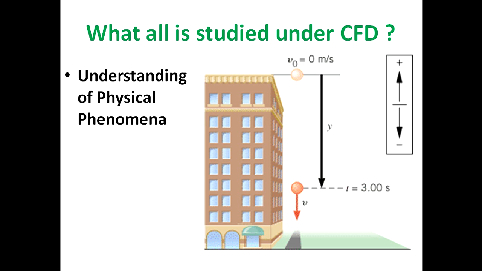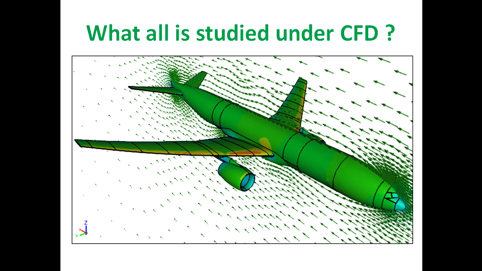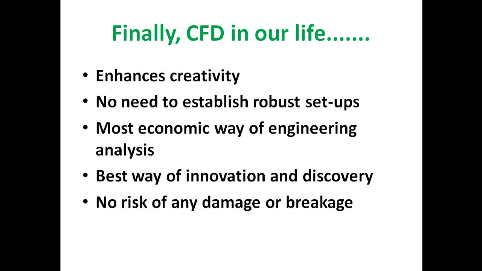A similar correlation we are supposed to build in CFD, whether it is the CFD of flow of fluid within a pipe, or flow of fluid past a car, or past an airplane. We have to extract some knowledge regarding the fluid flow from the physical phenomena. So we have to study the physical phenomena first before applying CFD.